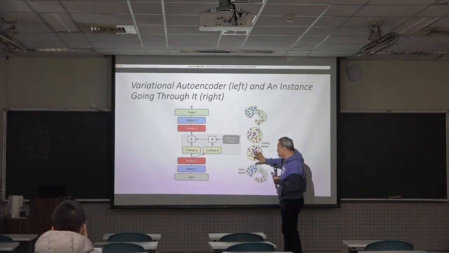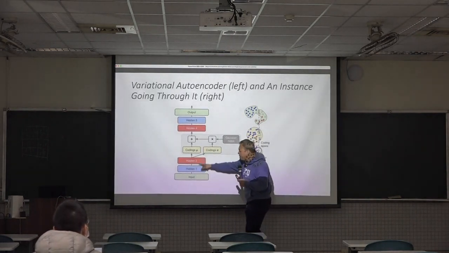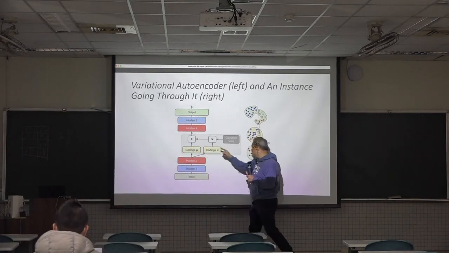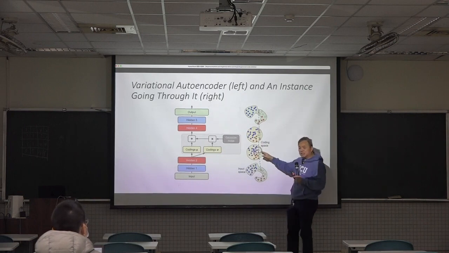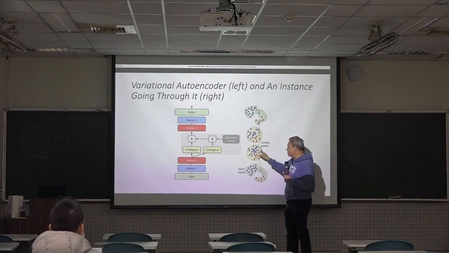This one generates a mu and a sigma, right? So mu determines the location in this Gaussian distribution, and sigma determines the range.